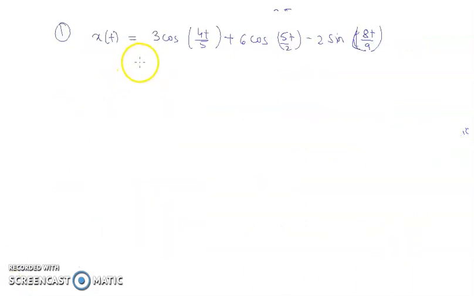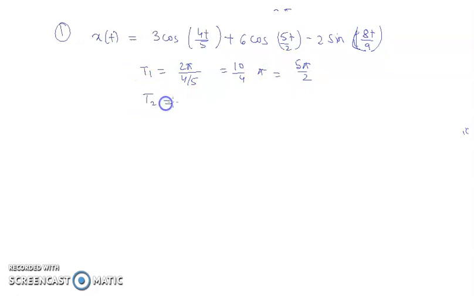In this signal, T1 will be 2π by 4/5, which is 10/4 π, or 5π/2.